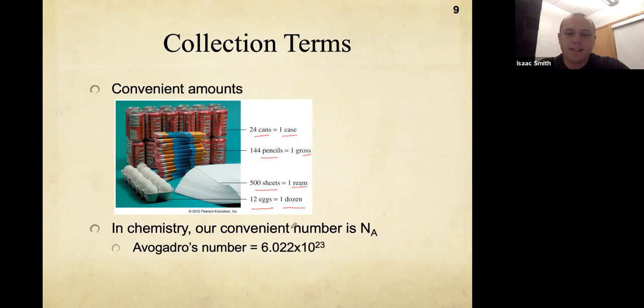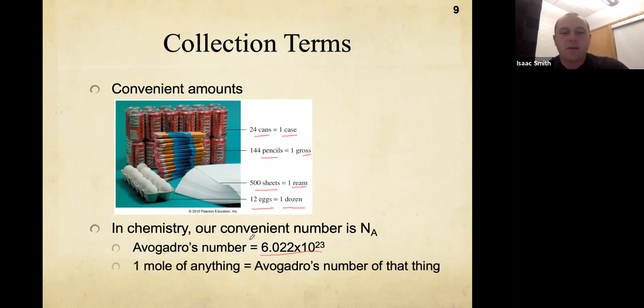All it is is this huge number, 6.022 times 10 to the 23rd. So what it means is 1 mole of something is Avogadro's number of that thing. For example, 1 dozen of something is 12 of those things. Well, 1 mole is going to be 6.022 times 10 to the 23rd of whatever thing you're talking about.